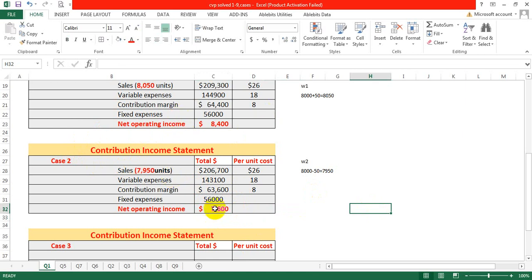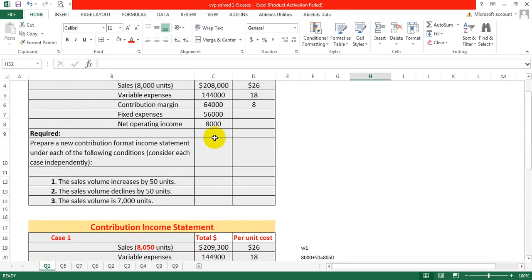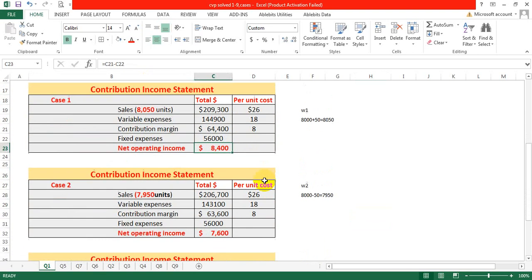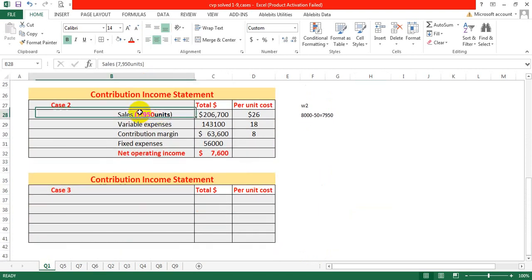Units decrease, and see here, the net operating income also decreases. At 8,000 units my net operating income was $8,000, at 8,050 units it is $8,400, and when the sales units decline to 7,950, my net operating income also decreases.